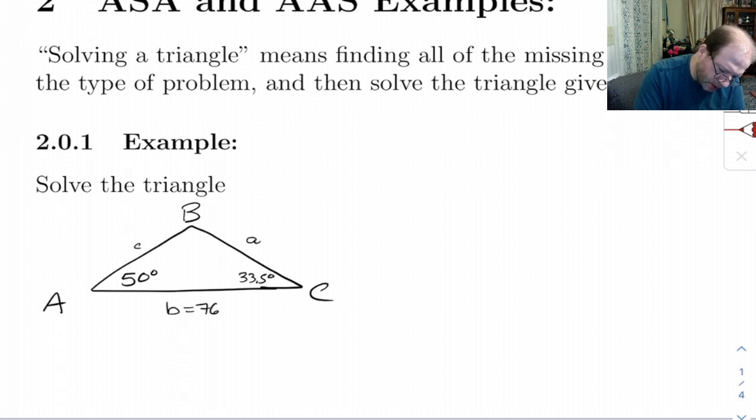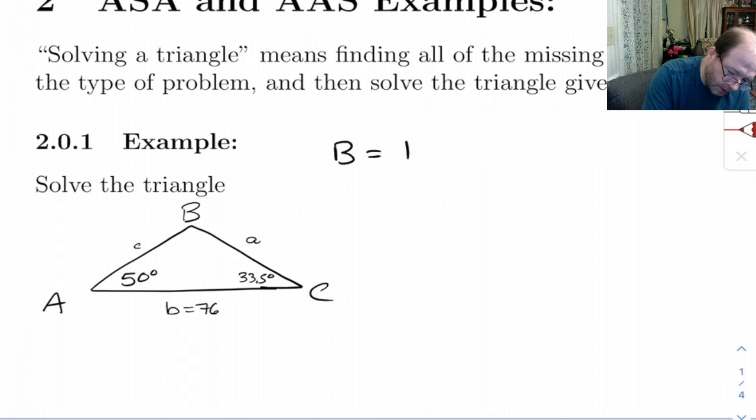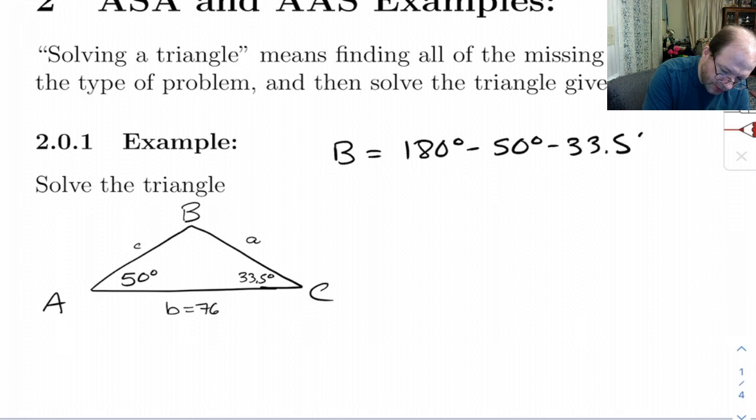But given that this is 50 and this is 33.5, we can figure out what B is. B is going to be 180 degrees minus 50 degrees minus 33.5 degrees. So that's 180 minus 50 minus 33.5. That's 96.5 degrees.